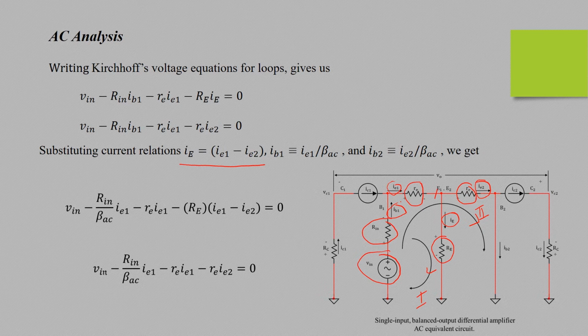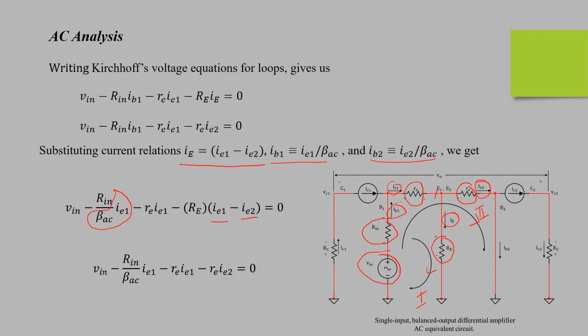We also know IB1 is nearly equal to IE1 upon beta AC, and IB2 is nearly equal to IE2 upon beta AC. So putting these values in these equations, we can write Vin minus Rin by beta AC into IE1 minus RE into IE1 minus RE into IE1 minus IE2.